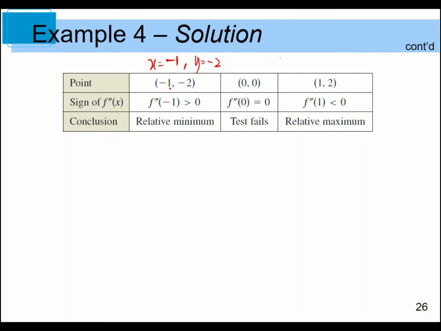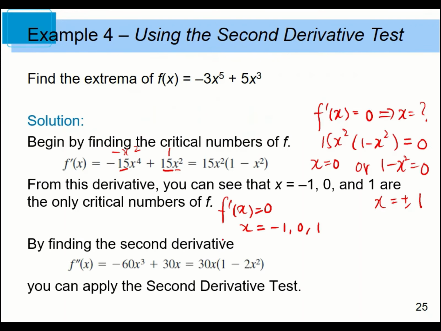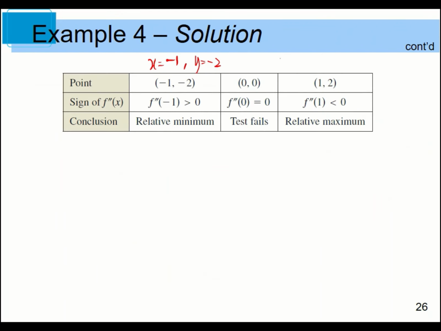So we are going to apply these to the second derivative, which is 30x(1 minus 2x squared).